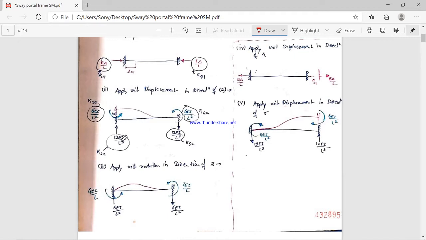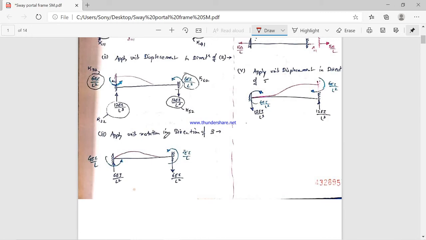Along with that, 12 EI by L cube will be formed as a vertical force. Okay, and the same, opposite, 6 EI by L square will be acting at the J node, and along with that the equilibrium condition has to be maintained, therefore 12 EI by L cube will be acting in the downward direction.